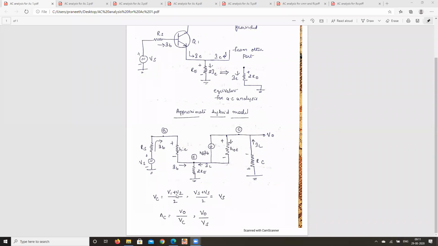The common mode input is given as (V1 plus V2) by 2, where each input voltage is Vs. As this is a common mode input, the input is common for both inputs, so we take (Vs plus Vs) by 2, which is Vs. So your common mode input equals Vs, and the common mode gain equals V naught by Vs. Now we have to derive the expression for V naught by Vs.